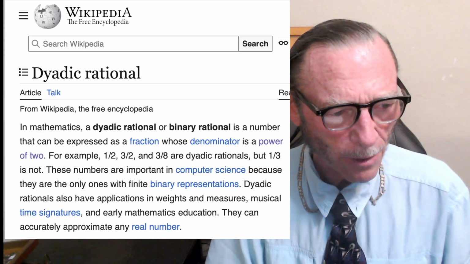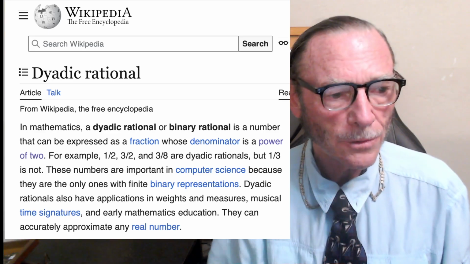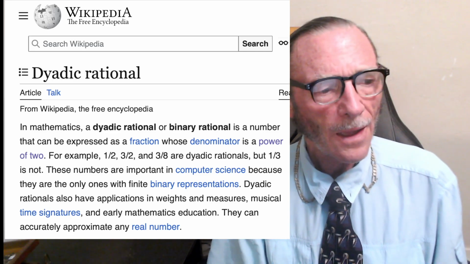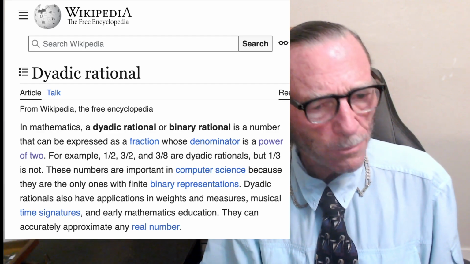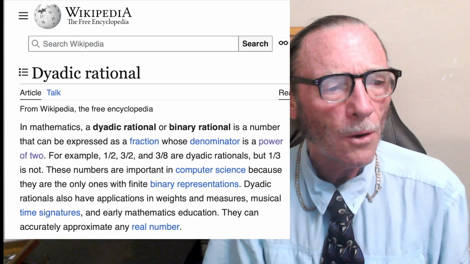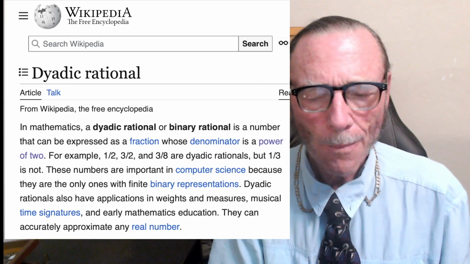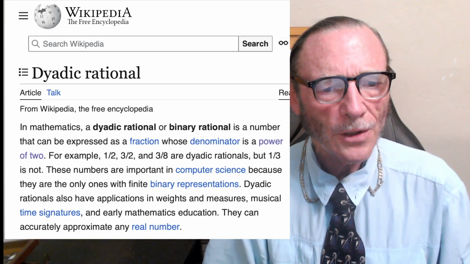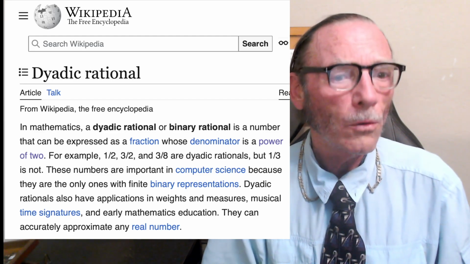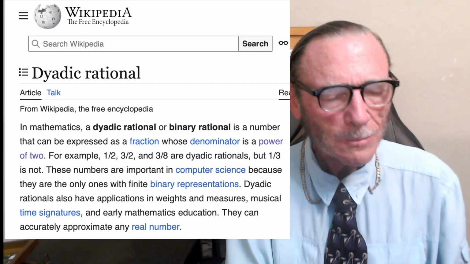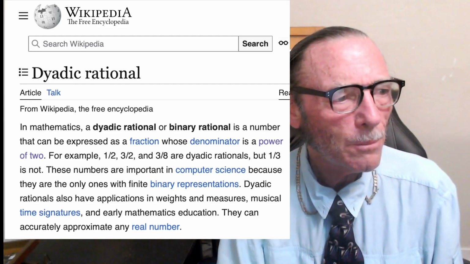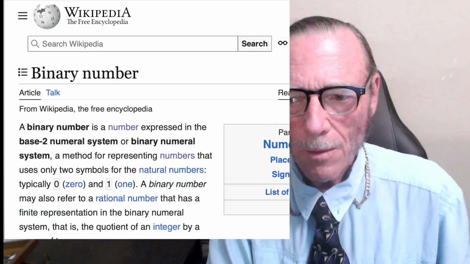The binary number system only allows powers of 2, and 3 over 2 could be called a power of 2, but it's not a whole power of 2. So the binary numbers are whole powers of 2. However, those numbers, as we shall now check.